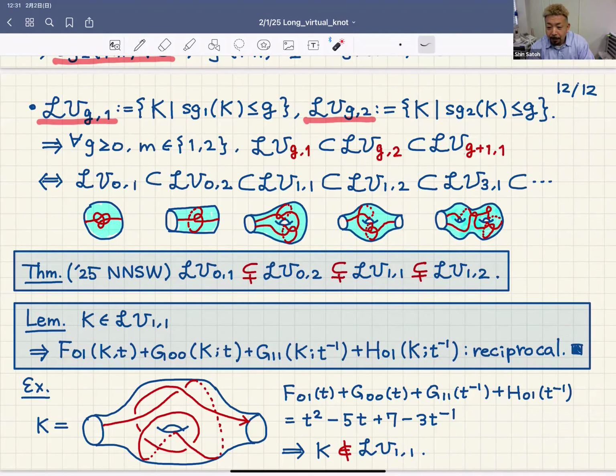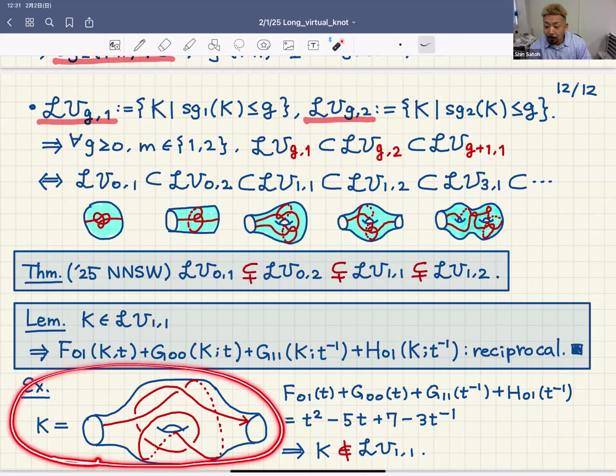For example, this long virtual knot does not satisfy the condition in this lemma. In fact, the sum of the polynomials is equal to this one, which is not reciprocal.